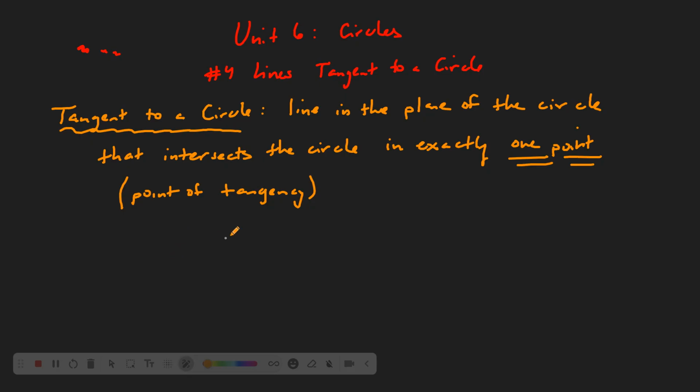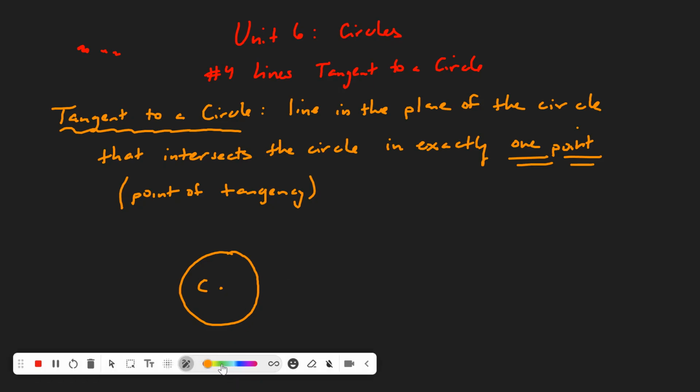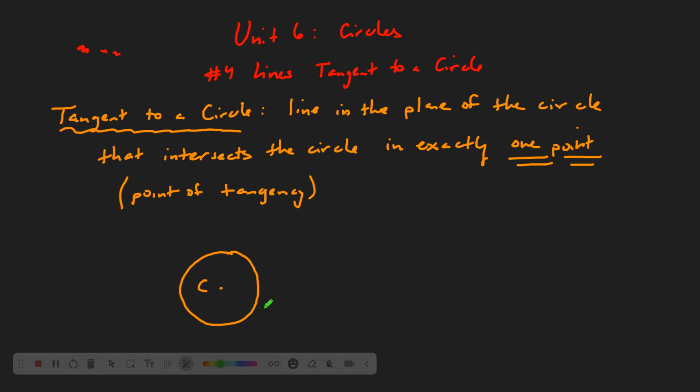Okay, so again, if I have a circle, I'll draw a circle right here. Let's call this circle C. So this tangent line, I'll do my best. I'm going to draw it in green. This tangent line is going to kind of graze the circle like this. Let's see how I do. Perfect. Look at that. Boom. Okay?